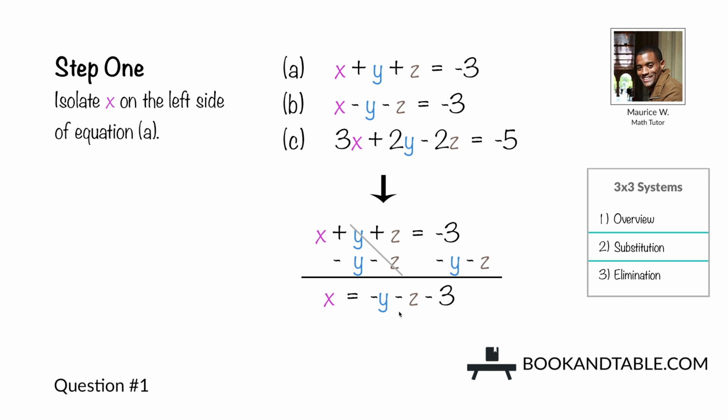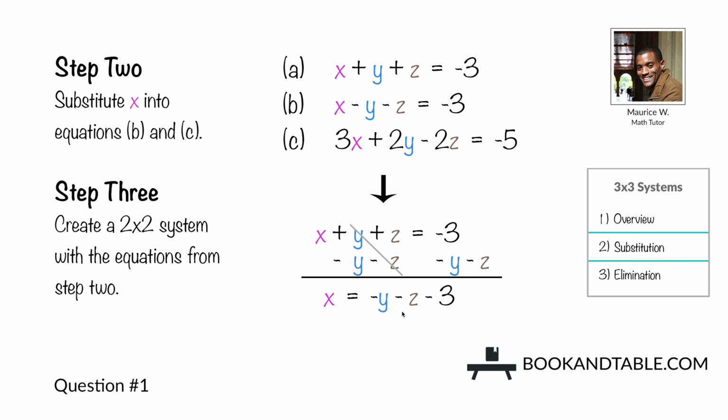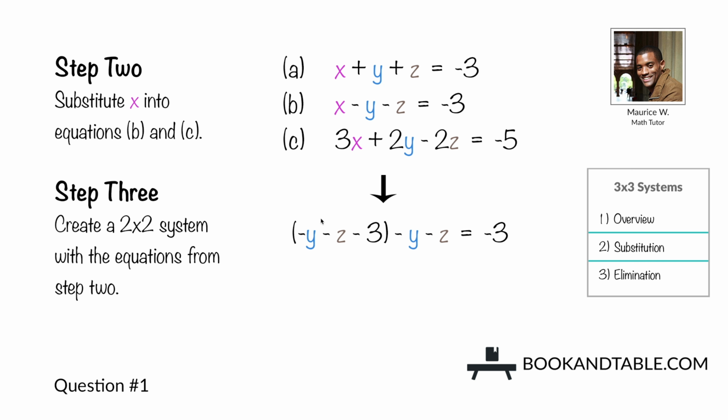And now that we have an expression for x, step 2, substitute x into equations B and C, here and here. So we'll plug in -y minus z minus 3 here. That gives us -y minus z minus 3 minus y minus z is equal to -3.